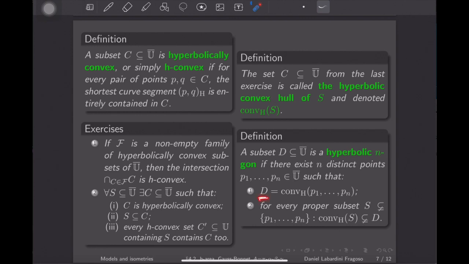First, this is their convex hull, right? But the n points are all strictly necessary to actually obtain D as convex hull. In other words, every time I get rid of at least one of them, the convex hull decreases strictly.